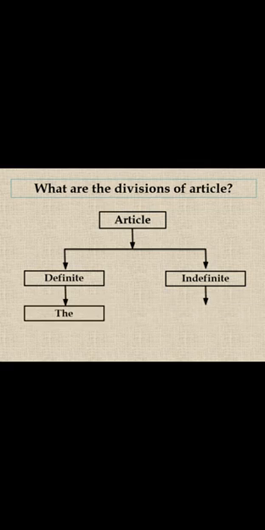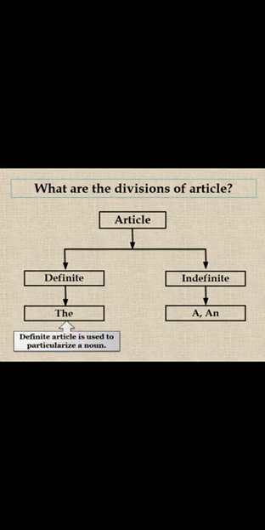The is the definite article; a and an are indefinite articles. Definite article is used to particularize a noun, to specify a noun, and indefinite article is used to generalize a noun. That means we say it generally before any noun.